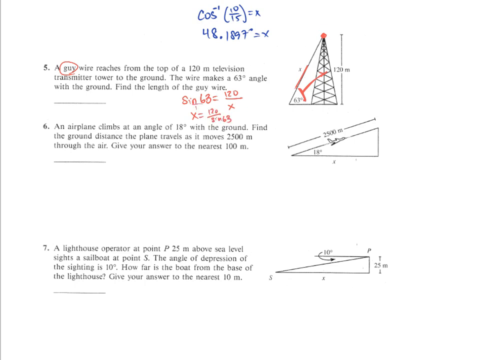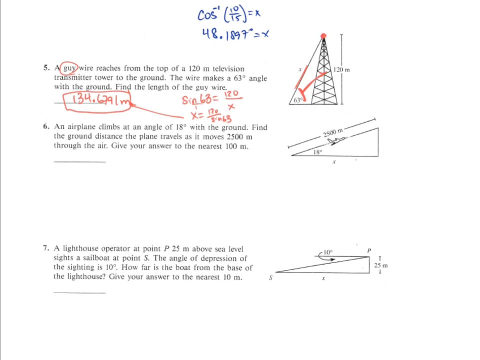Again, you could put this over 1, cross multiply, and solve. So 120 divided by the sine of 63 on our calculators comes out to be 134.6791 meters. That's what x is.